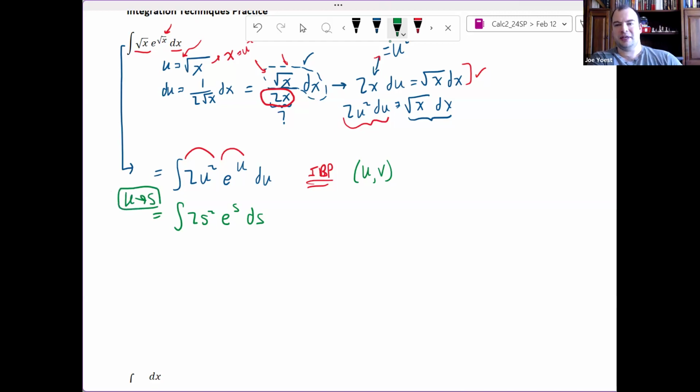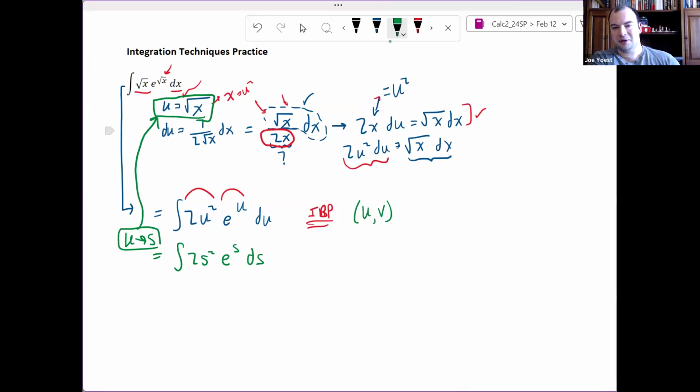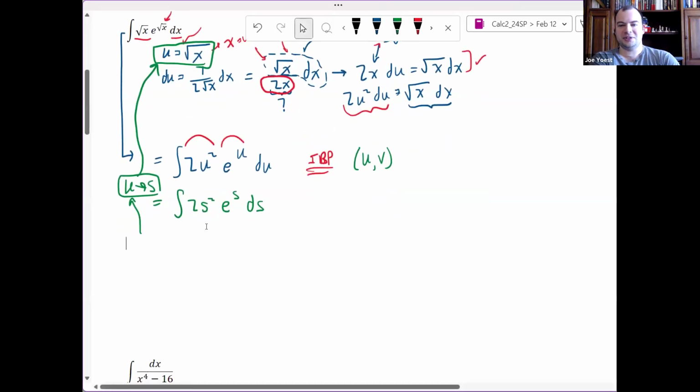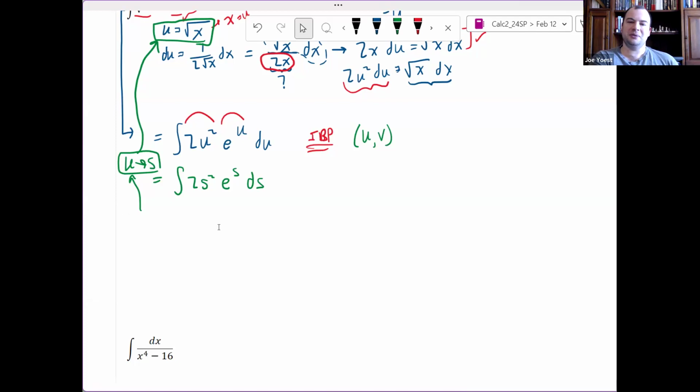I need to remember that at the end when I make my way all the way back up to x. I need to remember that u turned into s, because now I'm going to use u again. I'm not going to end up with u's at the end, but I just need to remember that I did do a substitution here, u equals s and du equals ds.